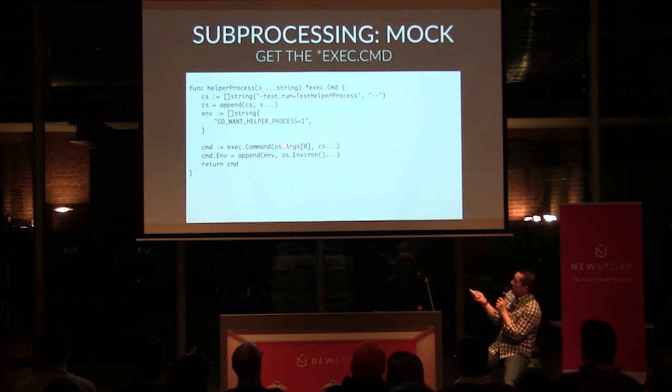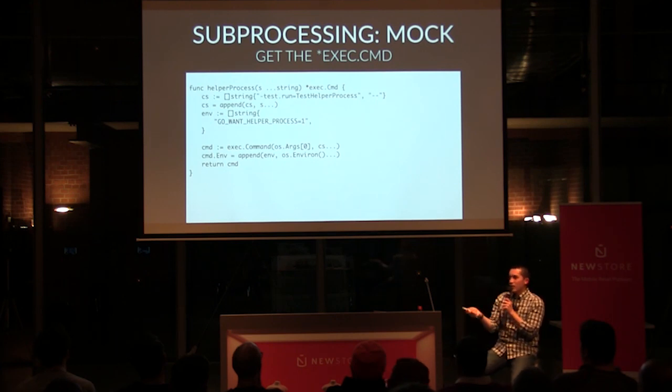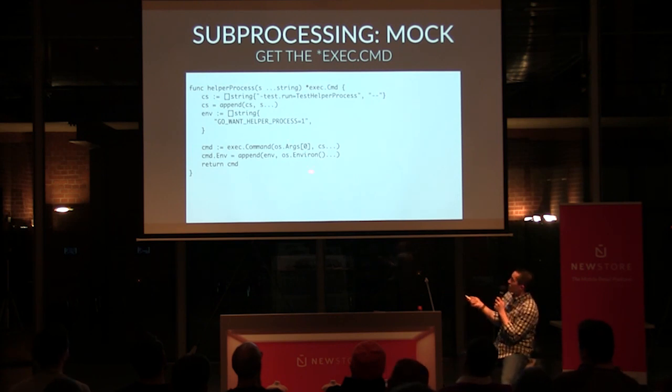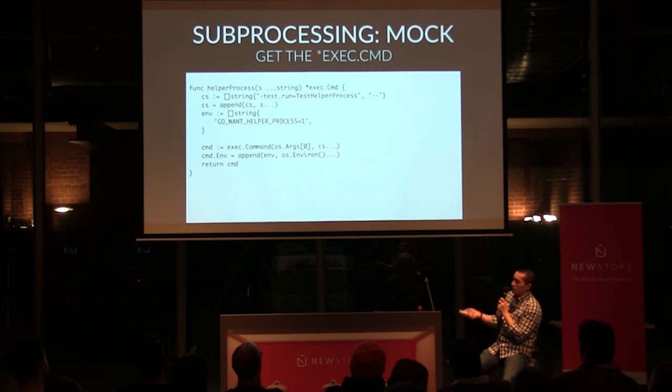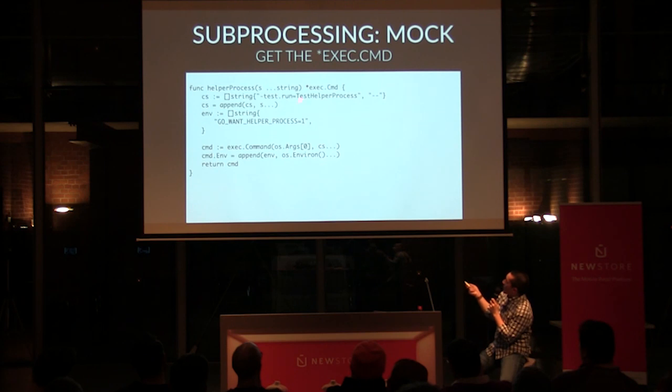And then you make the actual command, which is os.Args[0], so we're re-executing the same process in a naive way, but I've never seen this fail. You could make this fail if you execute something with weird aliases and stuff, just don't. So os.Args[0], append the args, and set up the env with stuff. Okay, so that's how you make a helper process.